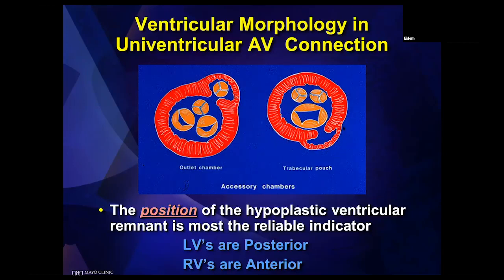Converse that with if the remnant chamber is a posterior chamber, this is going to be a remnant left ventricular chamber, and the dominant ventricular chamber is going to be a right ventricular morphology. So always remember, the position of the hypoplastic ventricular remnant is going to be the most reliable indicator of the ventricular morphology, with left ventricles being in a posterior position, morphologic right ventricles being in an anterior position.